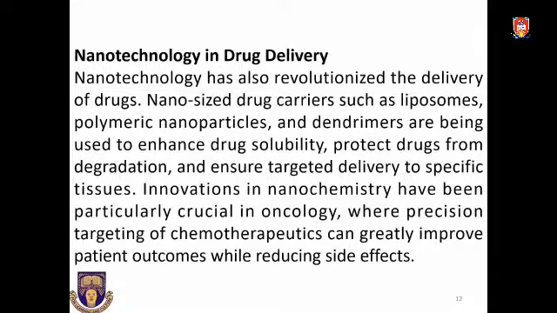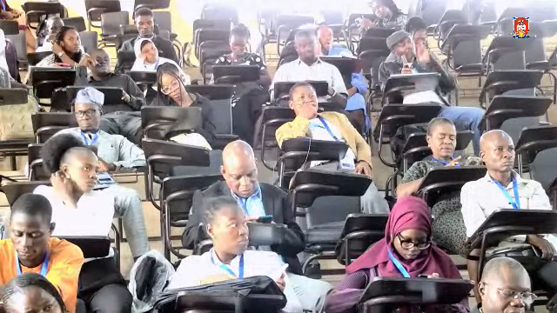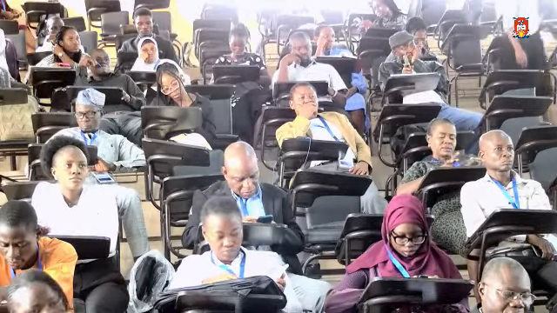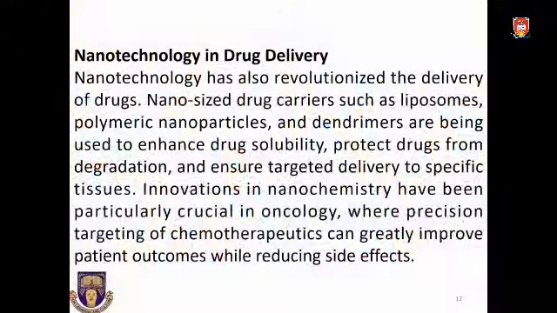The next one perhaps is a word we are more conversant with, nanotechnology, also applied in drug delivery. So it is possible to use what we call nano-sized drug carriers, okay, such as liposomes, and use them in such a way that first they protect the drug before it gets to the site where it is needed. Okay? In fact, today some of the drugs you even buy, you are buying a form of the drug.